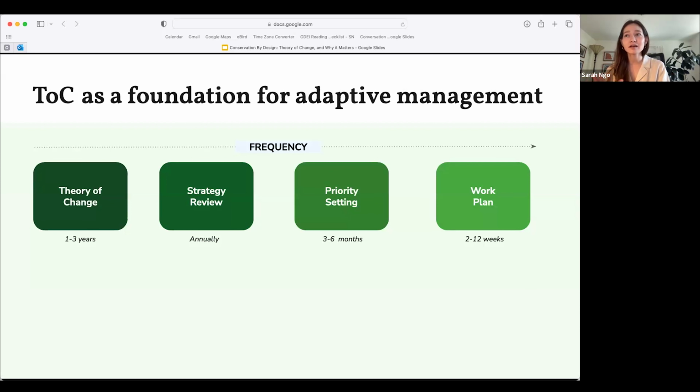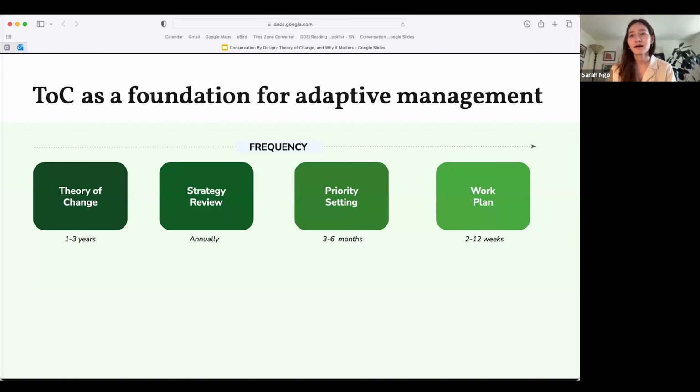And then even at the work planning, day-to-day, what are we doing this week, next week type of conversations can be broken down from the theory of change into those more granular steps to support adaptive management at that really frequent level as well.